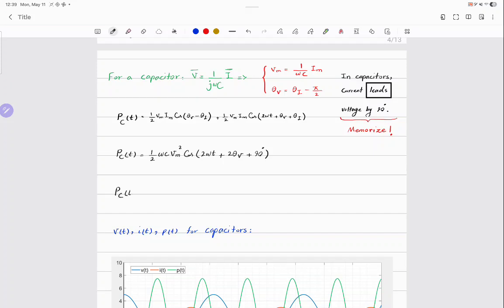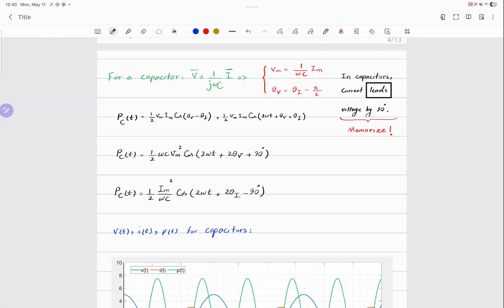And the other expression is 1/2 Im squared over omega C cosine 2 omega t plus 2 theta I minus 90 degrees.